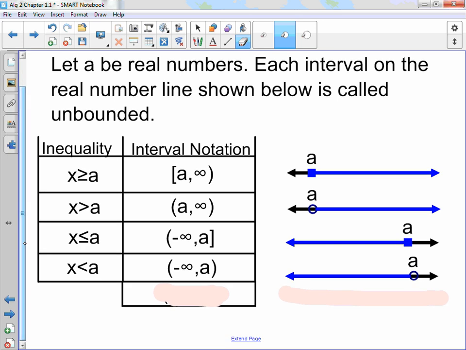For those of you who are wondering, there's one more here in the boxes. I put that up there because that's technically our all real numbers situation. Every number on the number line is included.